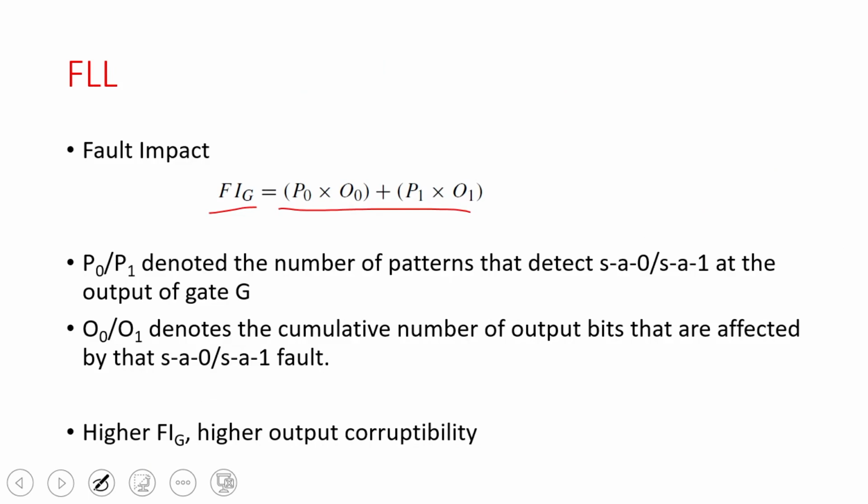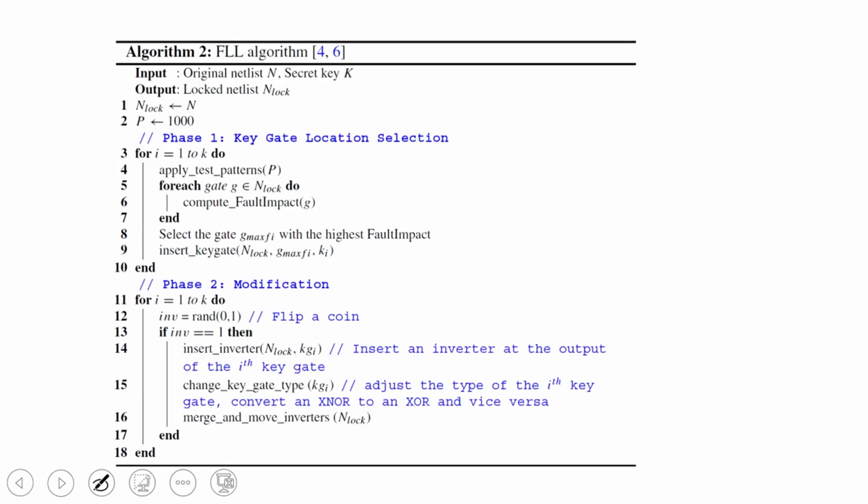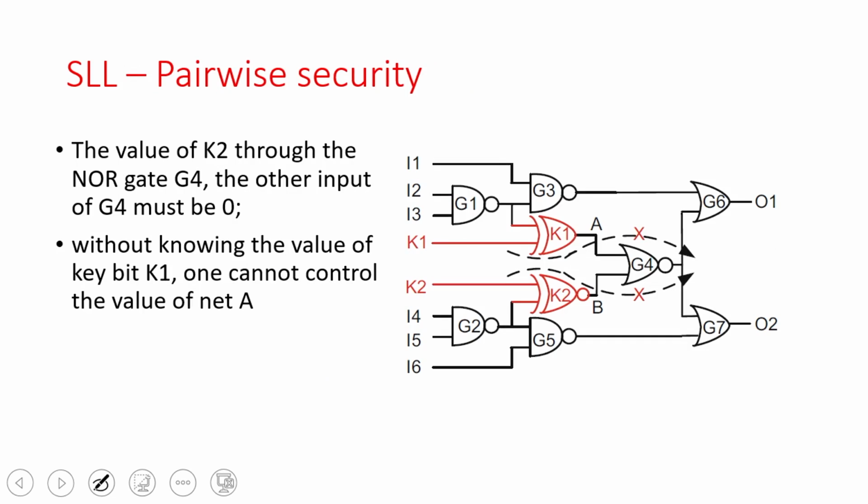Strong logic locking brings in that gap as well. It says I will not put them in a chain, rather I will put them in parallel paths, so that if you try to analyze this key, you need to consider this key value. If you want to find out this key value, you have to also consider K2. So, they are not independent, because they are getting merged into one output.